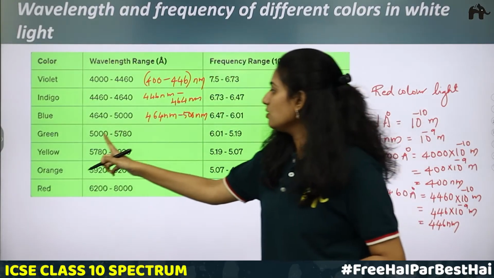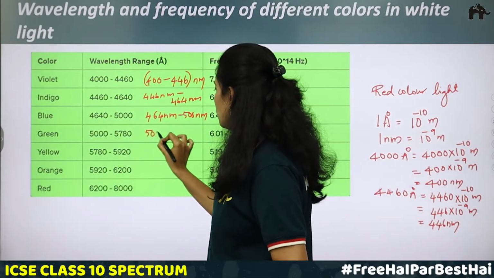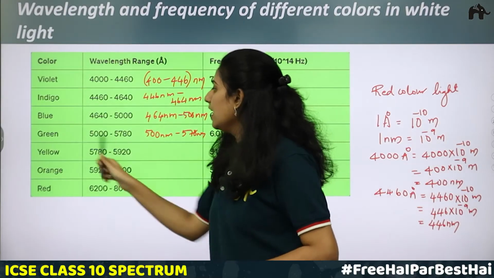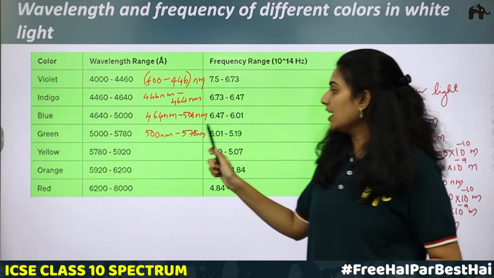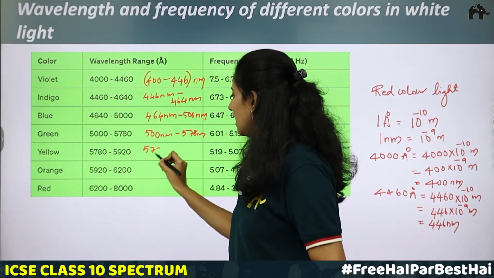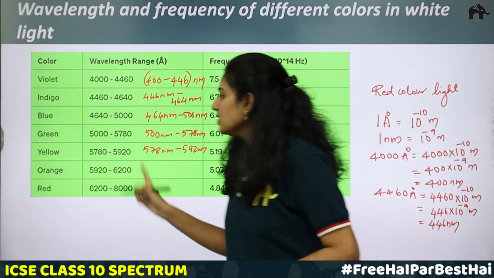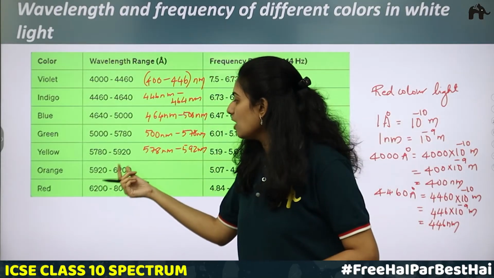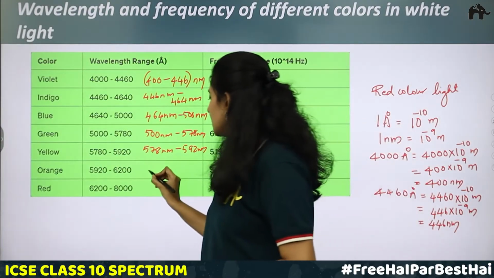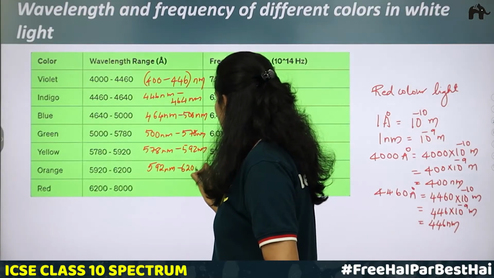Green light, 5000 to 5780 angstrom, that is 500 nanometers to 578 nanometers. Yellow color, 5780 to 5920 angstrom, that is 578 nanometer to 592 nanometers. 5920 to 6200 is the range of wavelength of orange color, which is 592 nanometer to 620 nanometers.